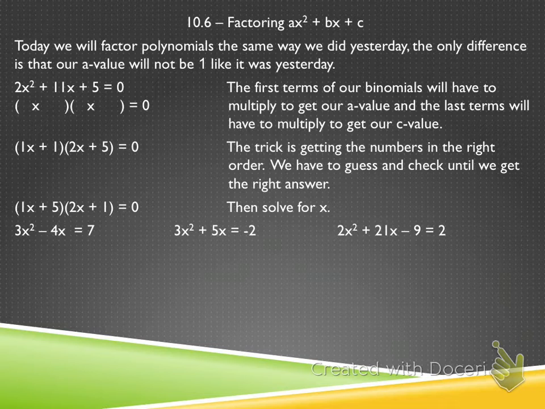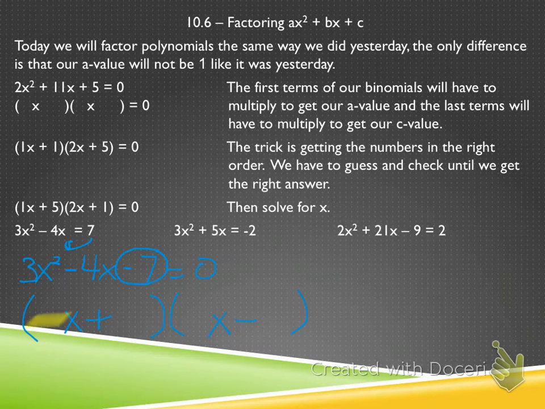First thing I'm going to do is get it in standard form, so I move the 7 to the other side by subtracting it. So I get 3x squared minus 4x minus 7 is equal to 0. Then I make my 2 parentheses. My c value is negative, so that means my signs are going to be different. It doesn't matter the order that I put them in.